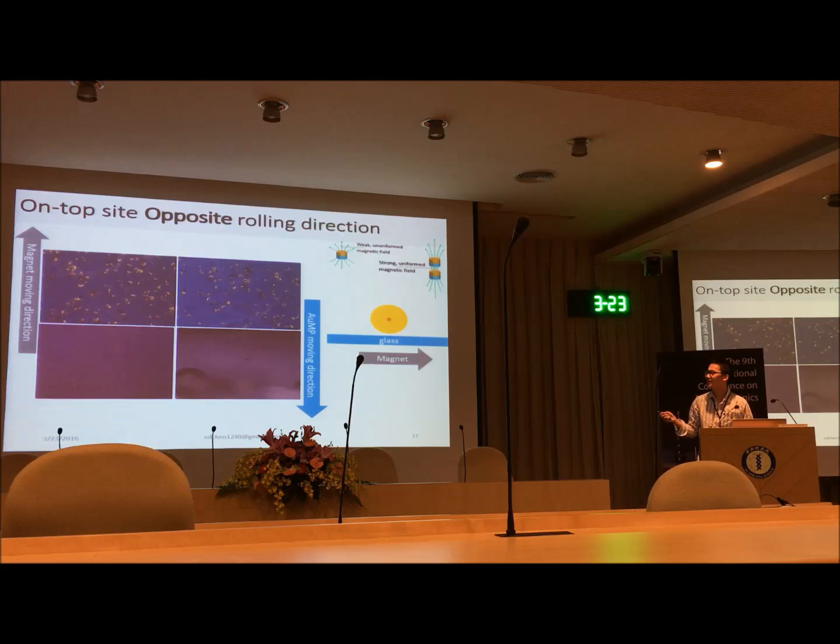However, at the on-top side, the magnetic field is weak and non-uniform. So at the on-top side, this is a magnet, and it will move in this direction, and it will create an eddy current force that is larger here and an eddy current force that is smaller here. That will generate a torque that makes the gold microplates roll backwards, so they move in the opposite direction from where the magnet moves.